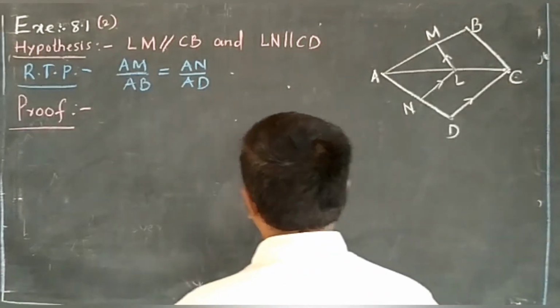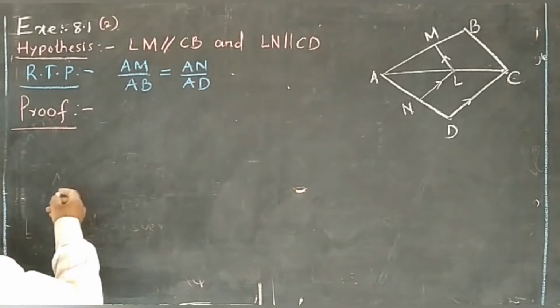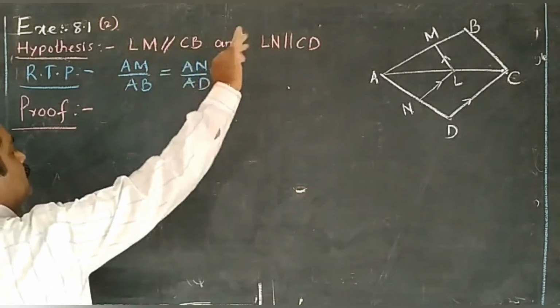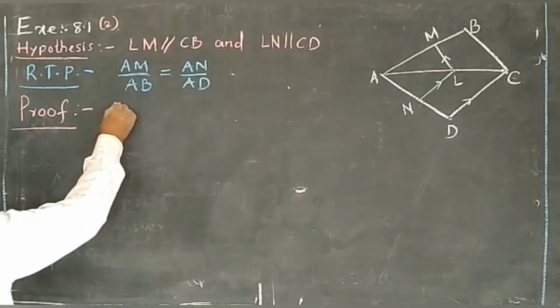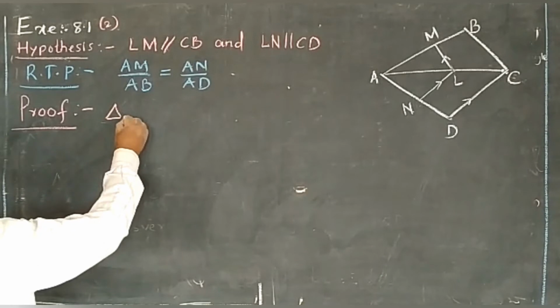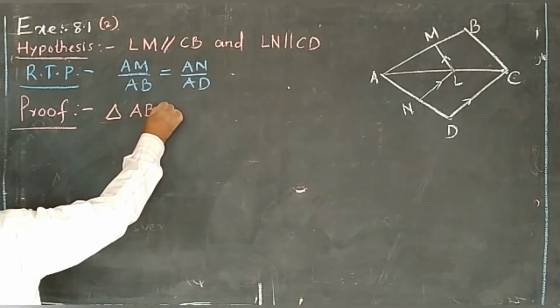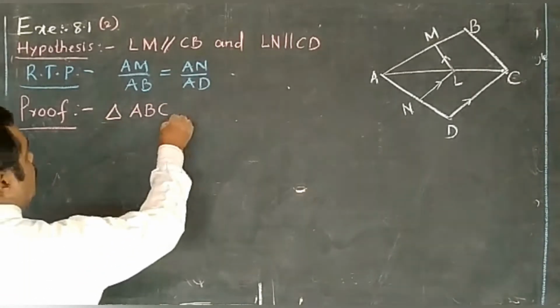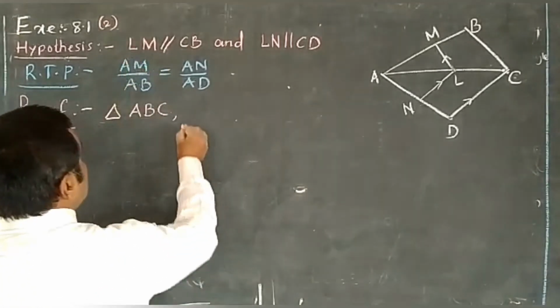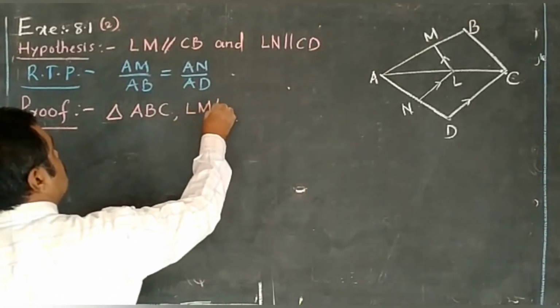So in the proof I am going to take first of all the upper triangle, that is triangle ABC. In triangle ABC, it is given that LM is parallel to CB.